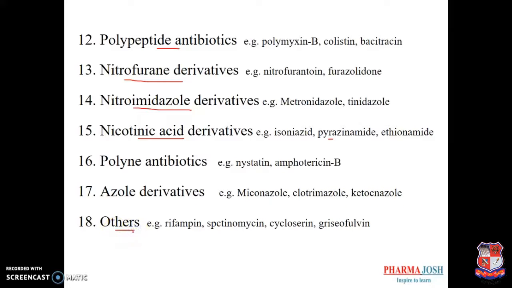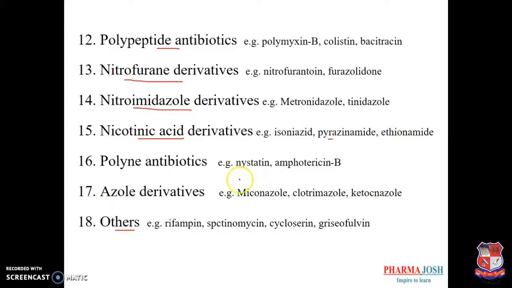Other varieties of structure-related classification include rifampin, streptomycin, cycloserine and griseofulvin. So these are the main drugs classified according to chemical structure, and here we include just a few examples of those derivatives.